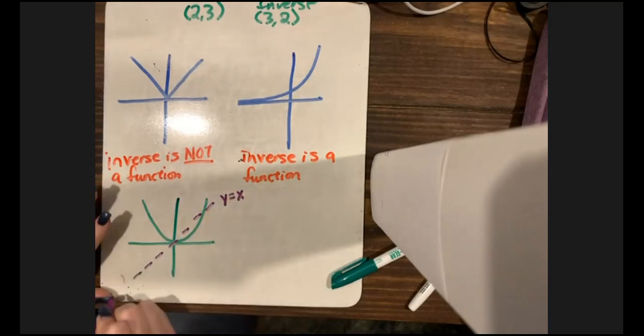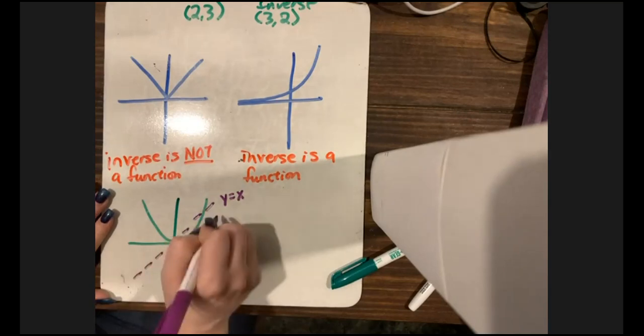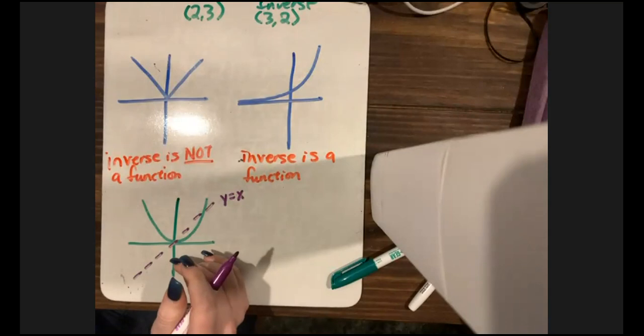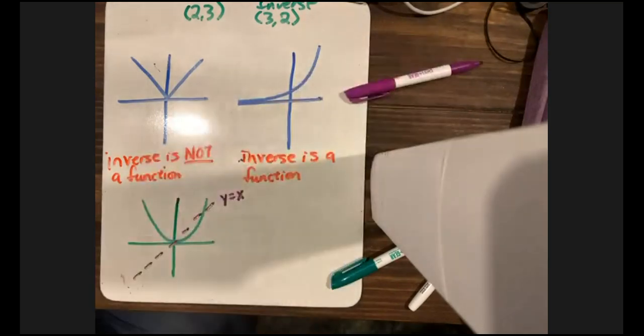And this is a diagonal that cuts straight through quadrants 1 and 3 on a perfect 45, on a perfect diagonal. Now, we'll do this in a different color, okay? We basically need it to reflect, okay?